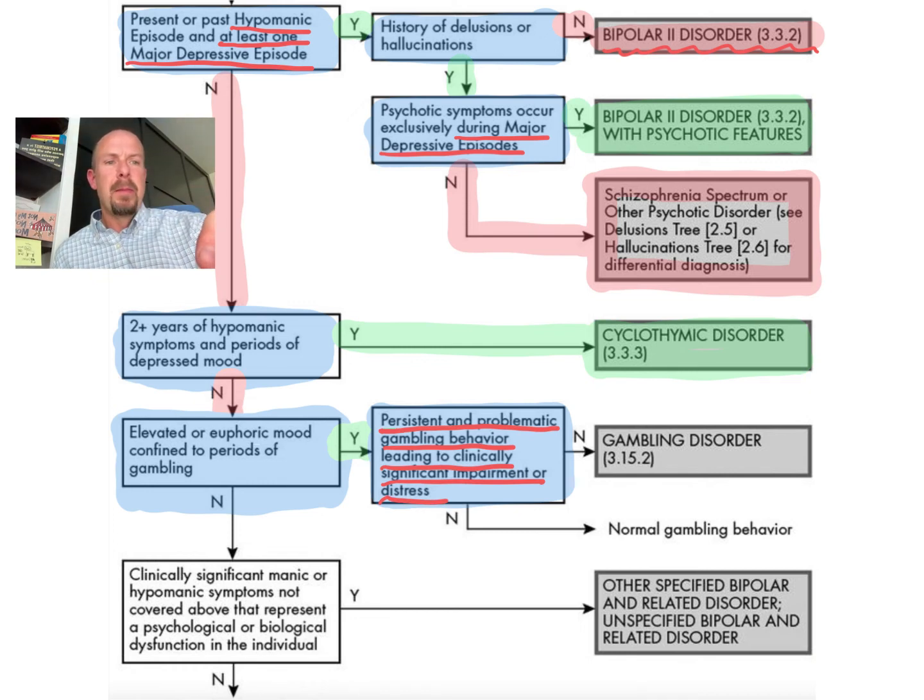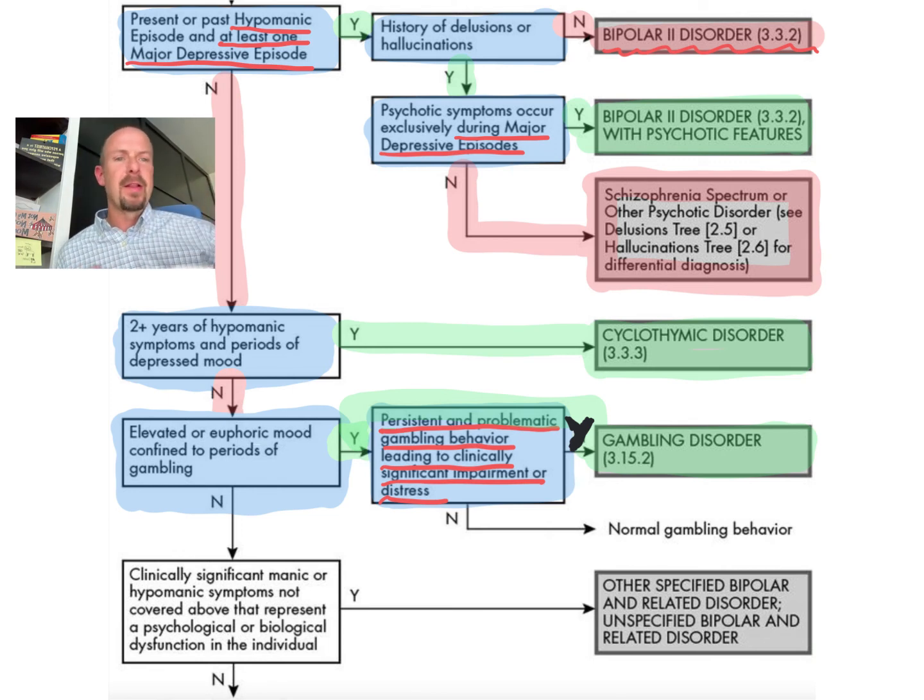If it is, then we follow the pathway over to a gambling disorder. And the funny thing is, this map actually should have a yes right here. So if indeed it is causing clinically significant impairment, and it's persistent and problematic, then it's a gambling disorder.